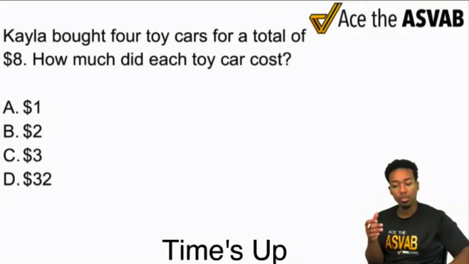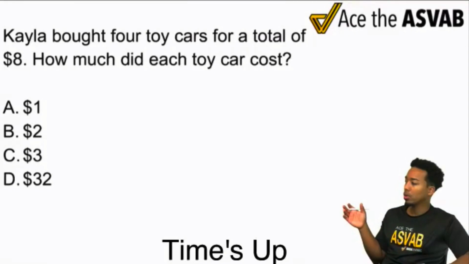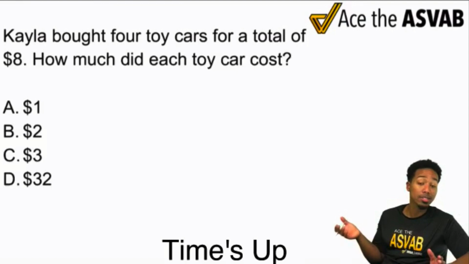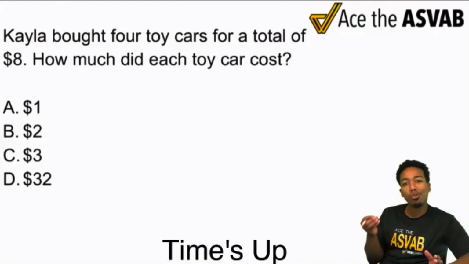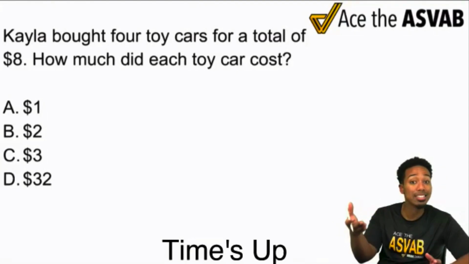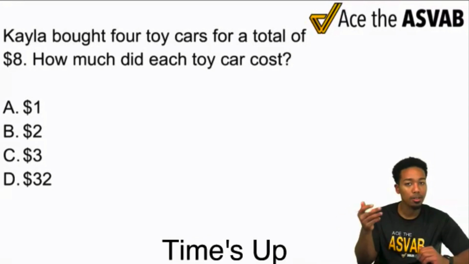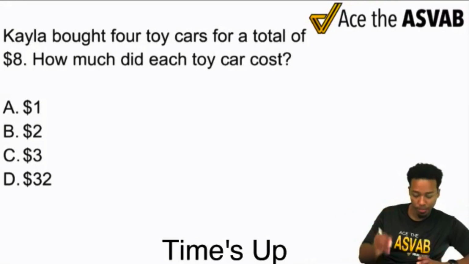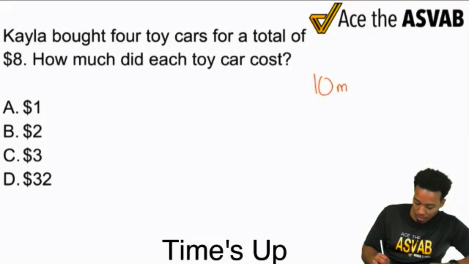And so I want you to make sure that the word total does actually mean addition, but the thing is, multiplication is addition. So think about the example that I just gave you. 10 miles per hour, 6 hours, that's 60 miles.